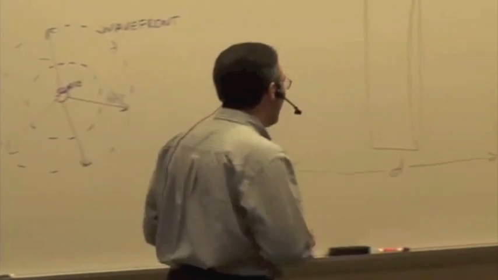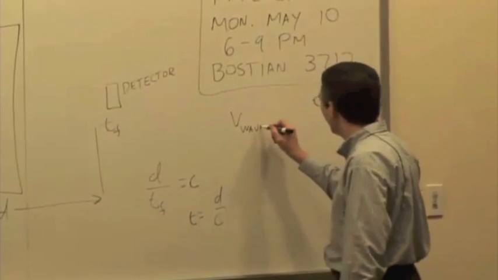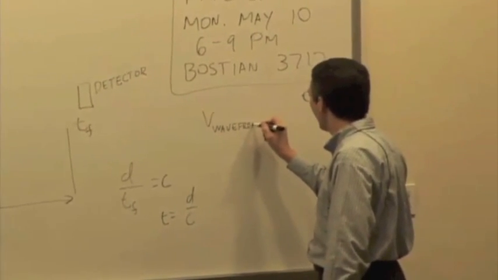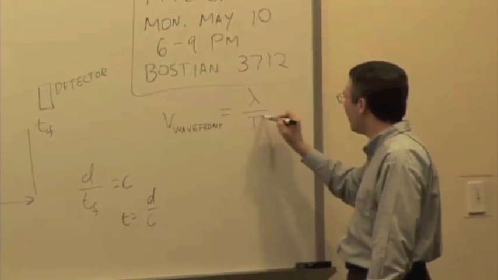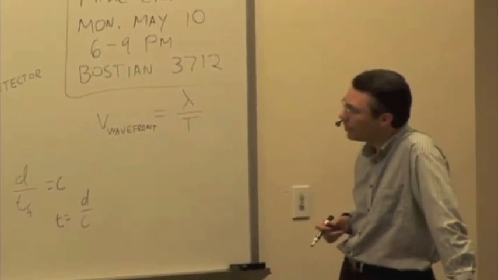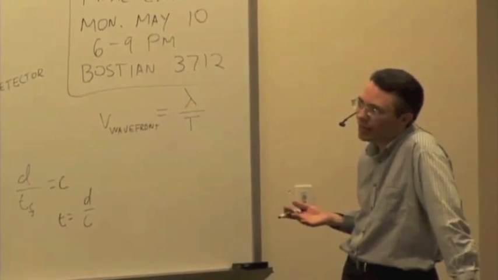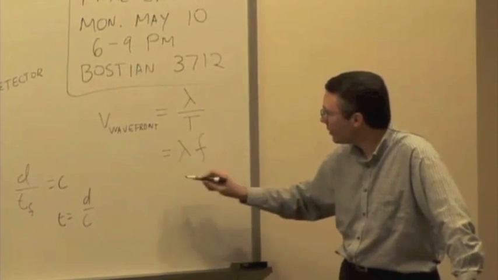And so the speed of the wavefront is going to be the wavelength divided by the period, okay, the period of oscillation of one of these sinusoidally oscillating charges. Or we could also write that as lambda times the frequency.